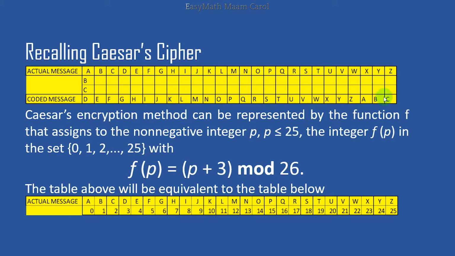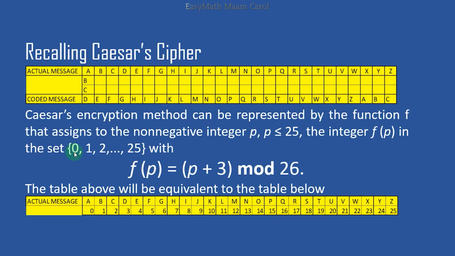Okay? Now, this manual method that Caesar does, we can turn into a mathematical function. And this is its representation. Now, I want you to take note of the parts of this formula. So, we have a function f, and it assigns to the non-negative integer p. It says non-negative; this is the set of whole numbers that starts from 0.